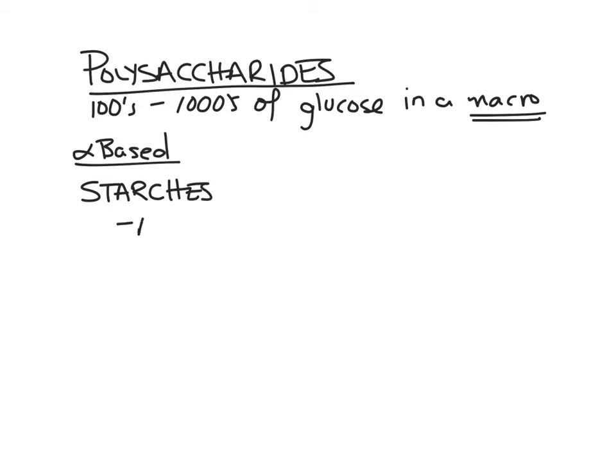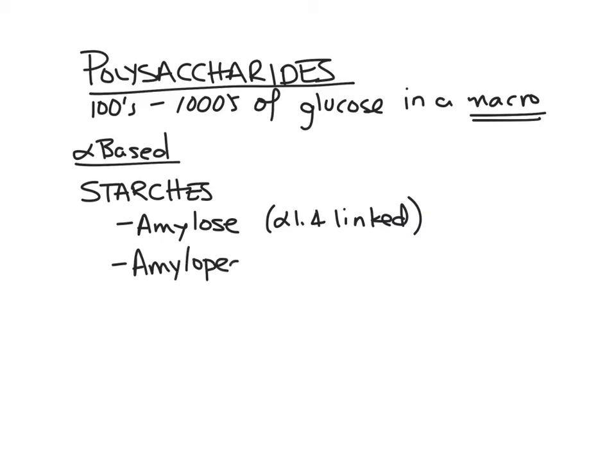And your starches are typically amylose, which is a single-chained alpha-1,4 linked polysaccharide, and then your amylopectin, which is alpha-1,4 linked with alpha-1,6 side branches.